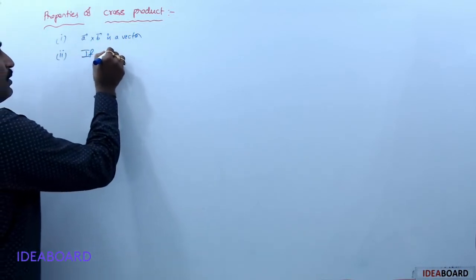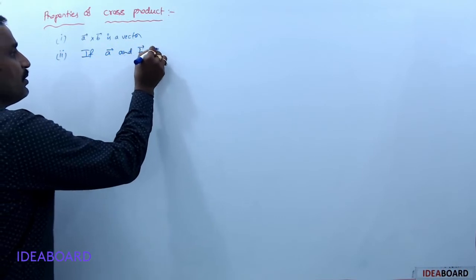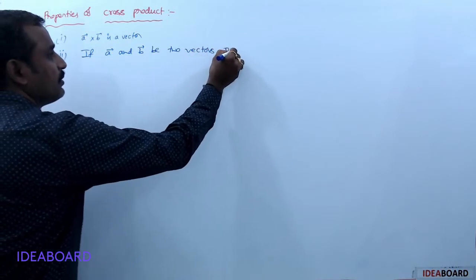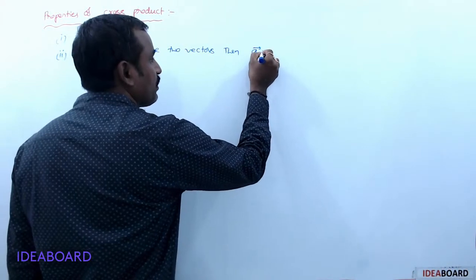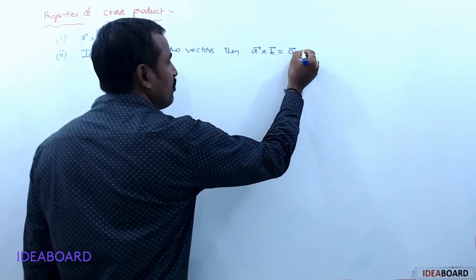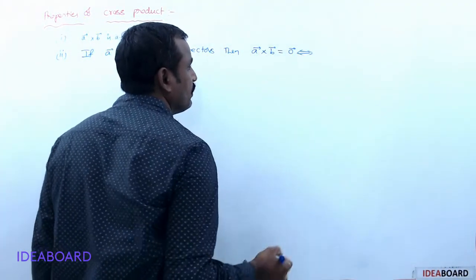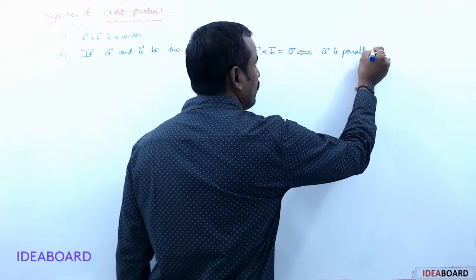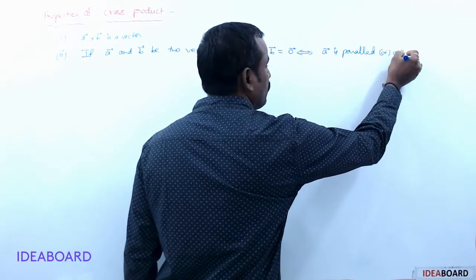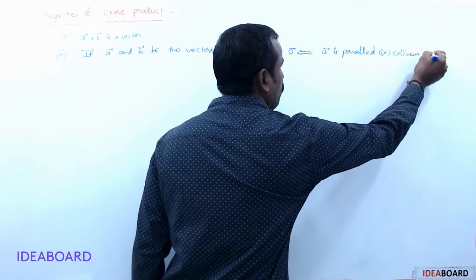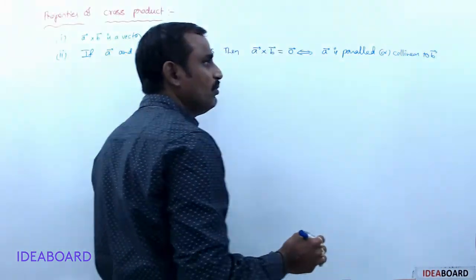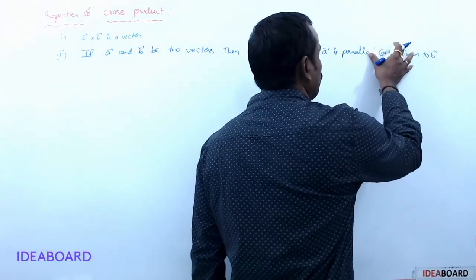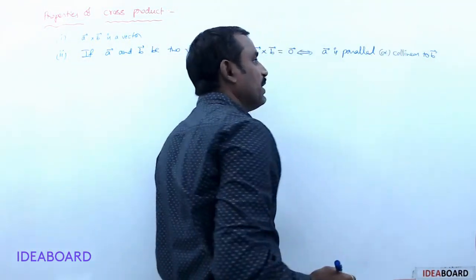If A bar and B bar are two vectors, then A bar cross B bar is equal to 0 bar if and only if A bar is parallel or collinear to B bar.